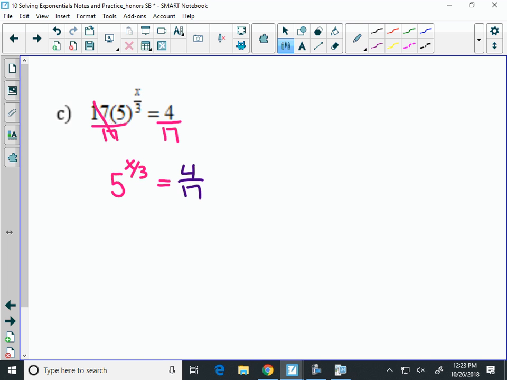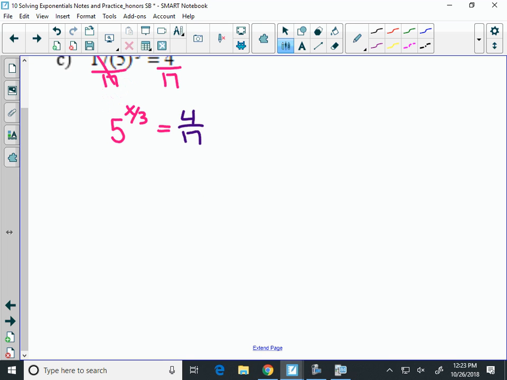Because when you type it in with the log, you'll just put it in the parentheses. It won't matter that you have a fraction. Well, now I have 5 to an exponent by itself. So now to move that exponent, I'm going to take the log of both sides. And remember yesterday I said I'm going to skip writing the log part and go right to pulling the exponent in front, just to save some time.